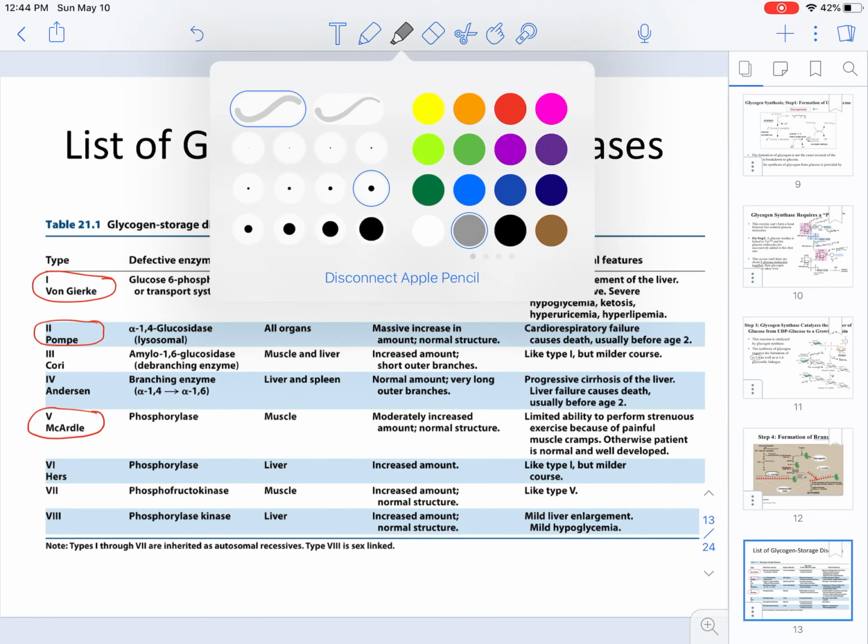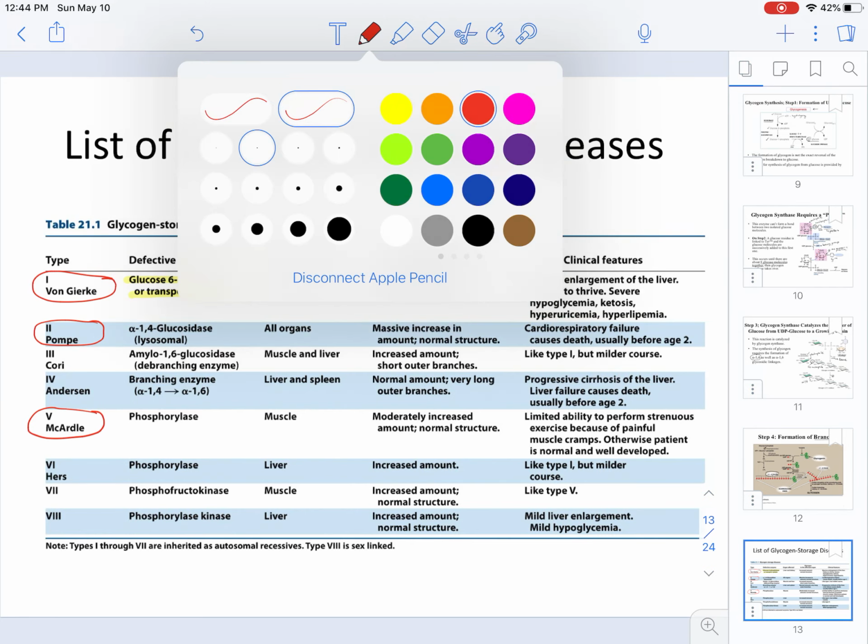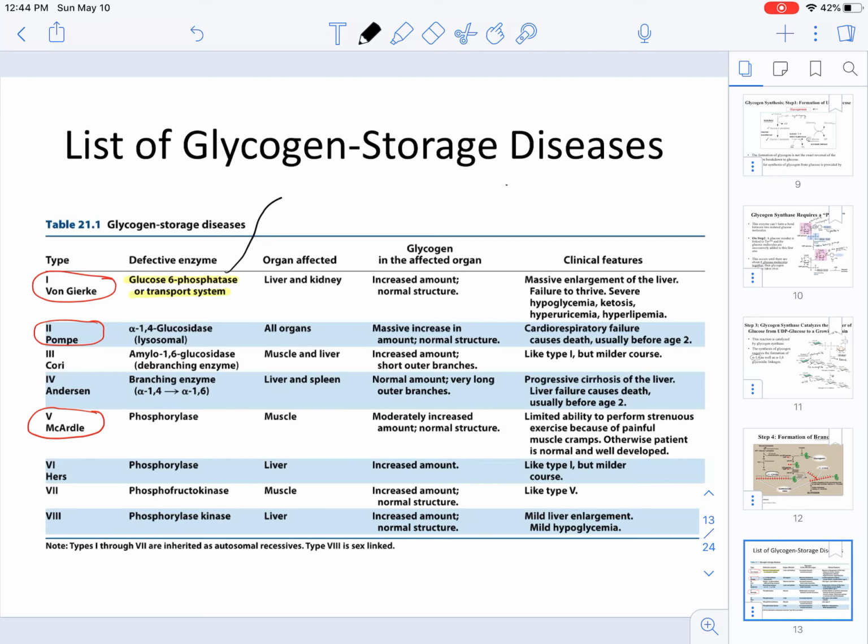And as you can see, type 1 has a glucose 6-phosphatase or transport system deficiency. Remember, if we look at the pathway for glycogen utilization, a defect in glucose 6-phosphatase is going to be preventing the release of glucose.